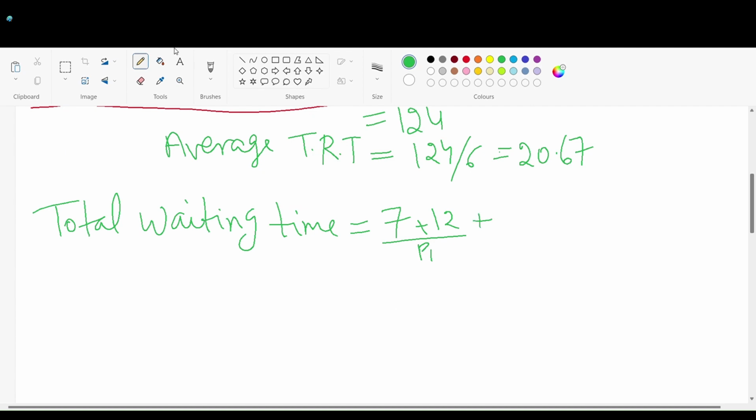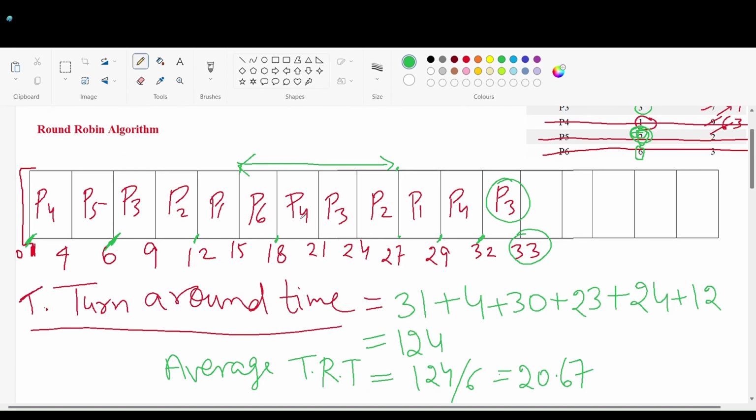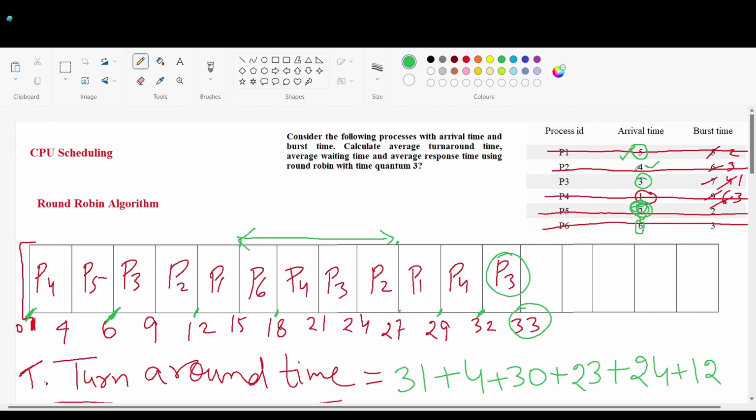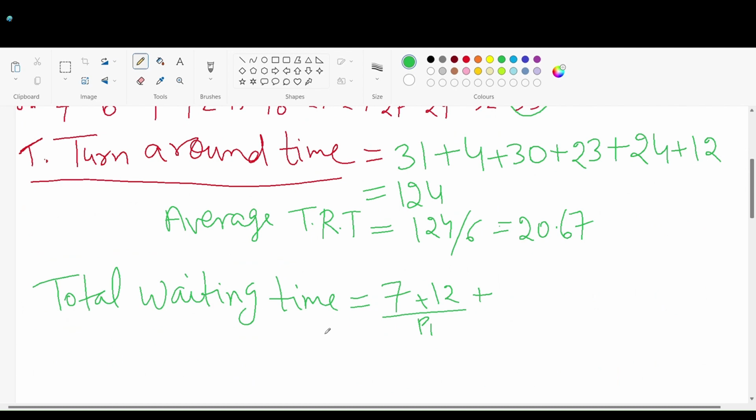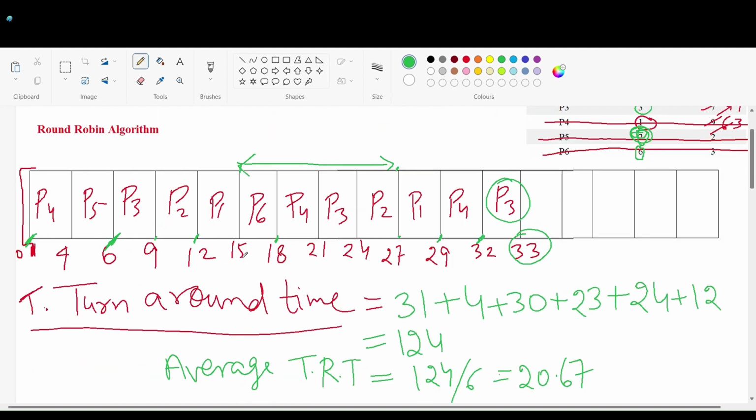Then plus P2. P2 enters the system at 4, and P2 starts the execution at 9. So what is the waiting time here? 9 minus 4 is 5. So 5 plus, P2 doesn't complete yet.